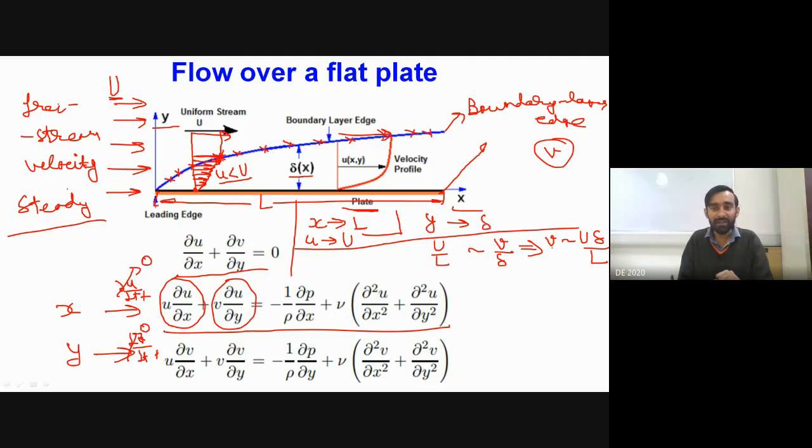Now, if I use these particular scalings for finding the order of magnitude of different terms in our x and y momentum equations, what we will be doing is: x we will replace with L, this u we will make equivalent to capital U. For y, we consider delta, and for small v, the velocity in the vertical direction, we consider U delta by L as the velocity scale.